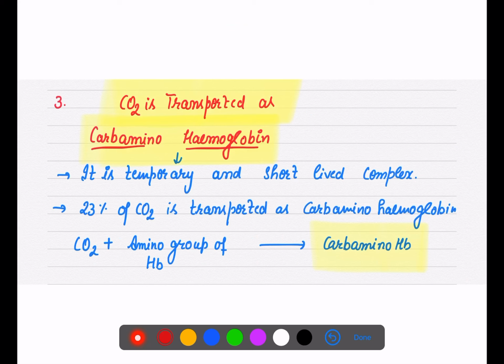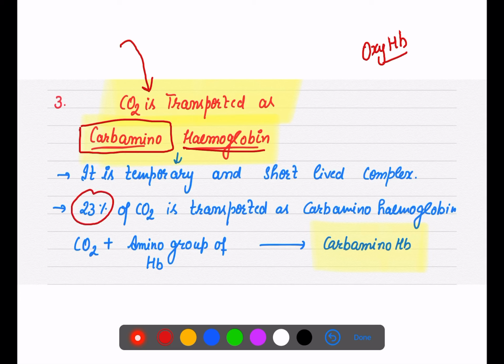The last form in which CO2 is transported is carbaminohemoglobin. Like oxyhemoglobin, it is also a temporary and short-lived complex. Only 23% of CO2 is transported as carbaminohemoglobin. What is happening in this?